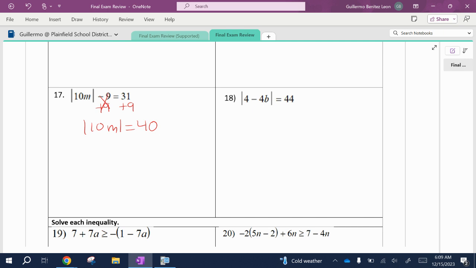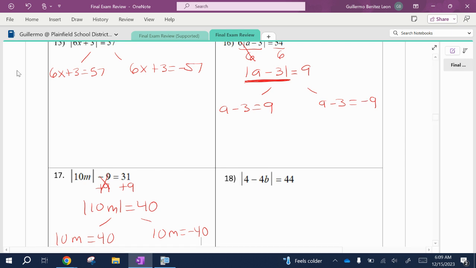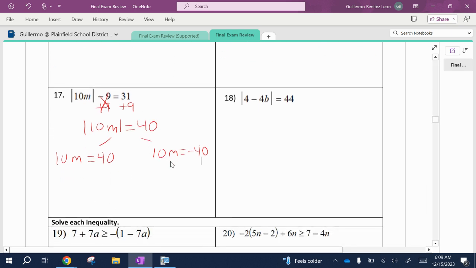Now that the absolute value is by itself, this is where you make two cases. 10n equals positive 40. 10n equals negative 40. And again, you can solve from this. I was just helping you get to this step. You know how to solve equations.